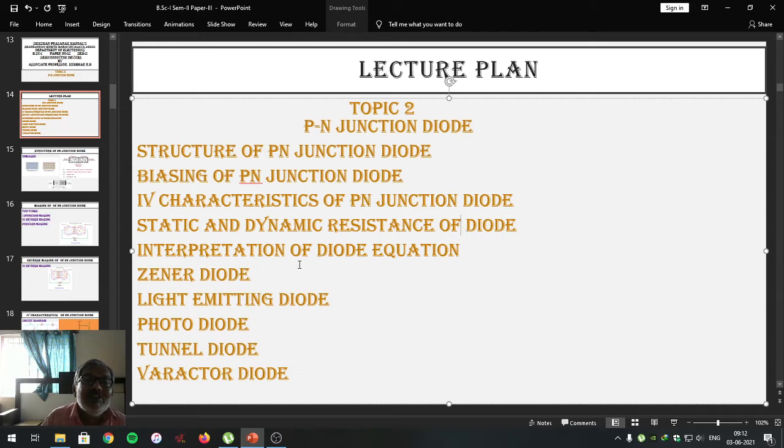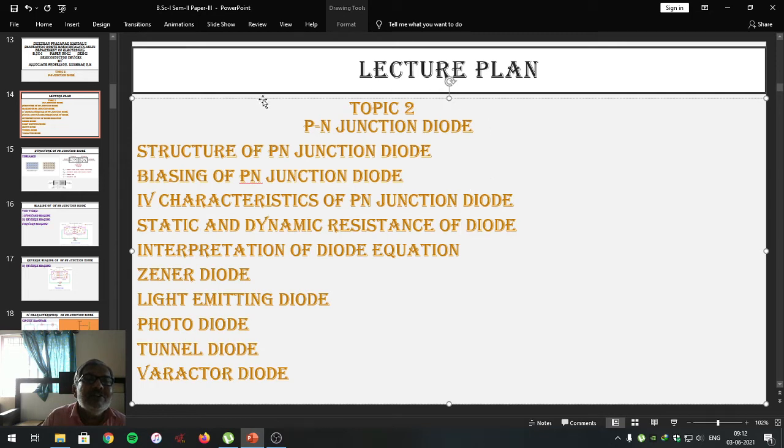After that, we are going to study some special diodes, that is Zener diode as one of the special diodes. Then light emitting diode as a special diode. Photodiode, again a kind of special diode. Tunnel diode and varactor diode are also different special diodes. They have special aspects. Those we are going to study in topic number 2.